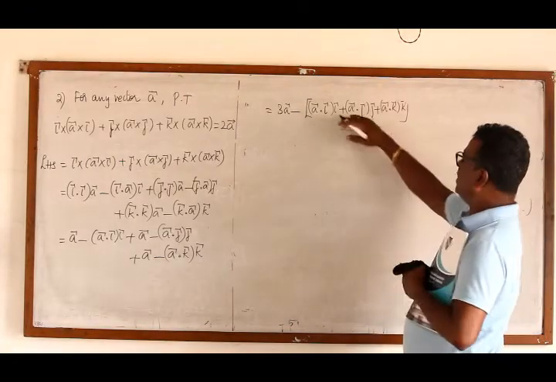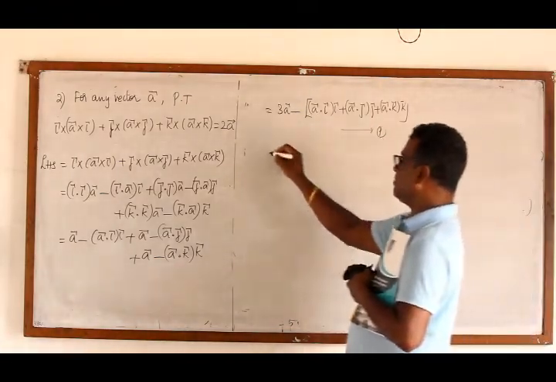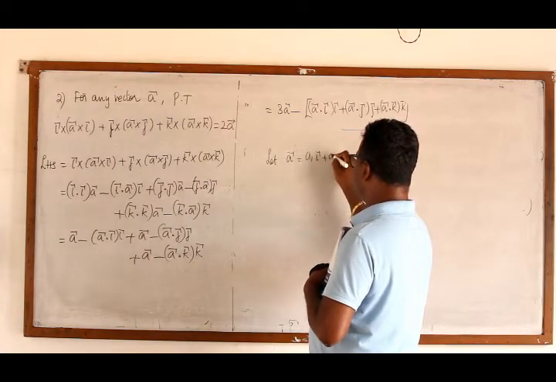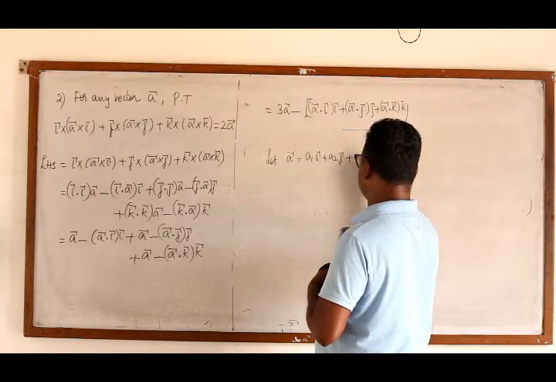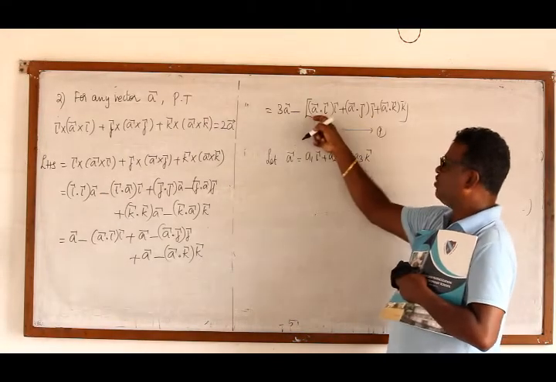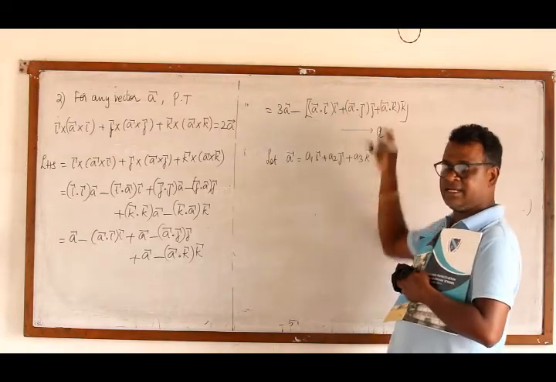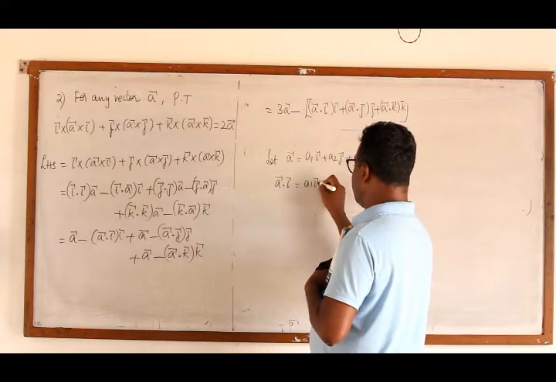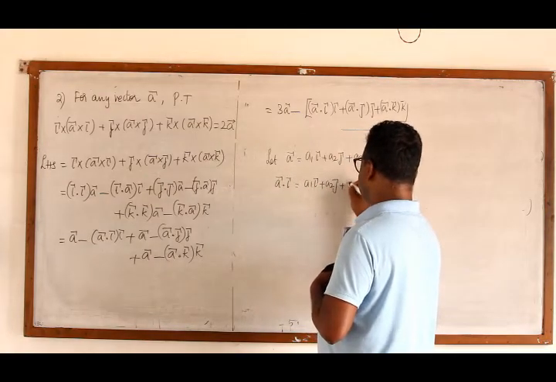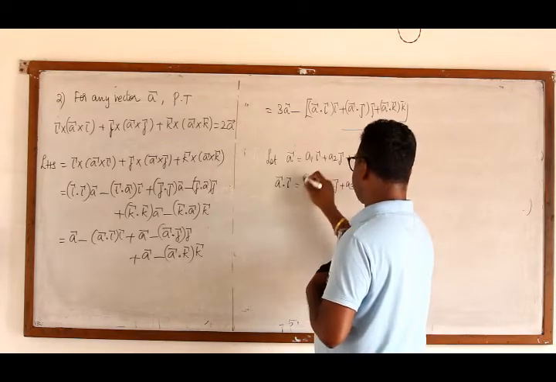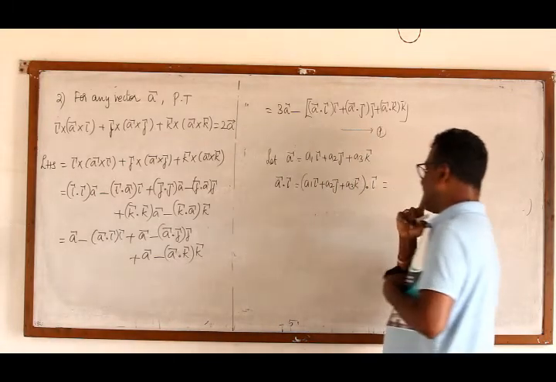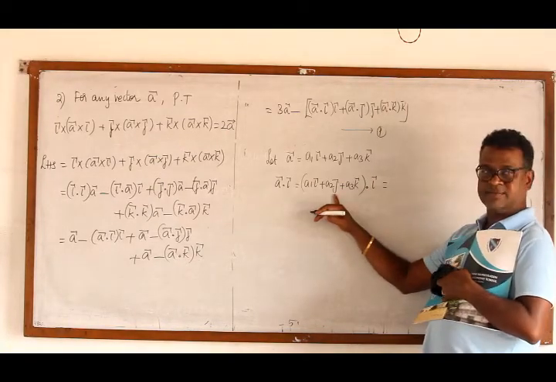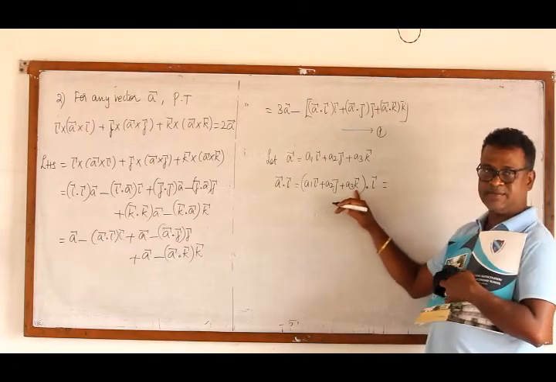Now we shall find this value. For that, let me take this A vector as the sum A1 i plus A2 j plus A3 k. Now let me try to find only A dot i, A dot j and A dot k. What is A dot i? It is (A1 i plus A2 j plus A3 k) dot i vector. In the dot product, only i and i can be multiplied, because i dot j is perpendicular, so 0, and i dot k are perpendicular vectors, so 0.